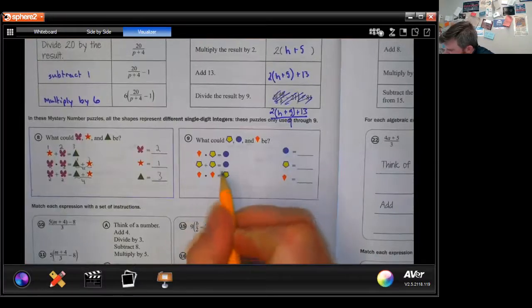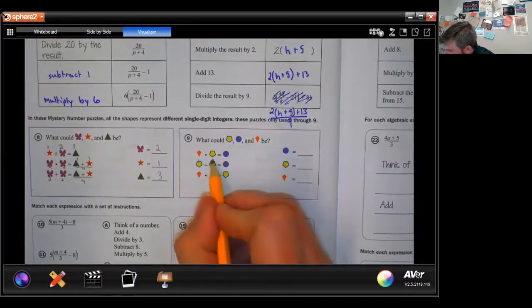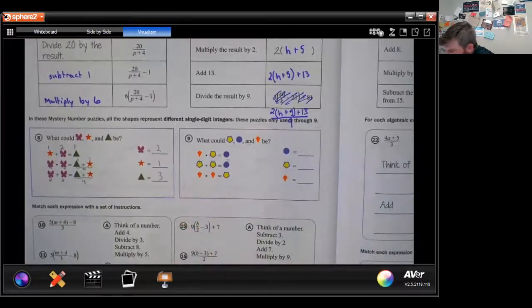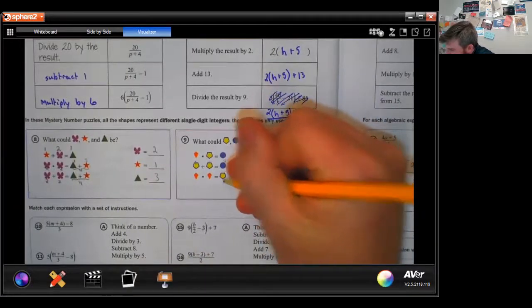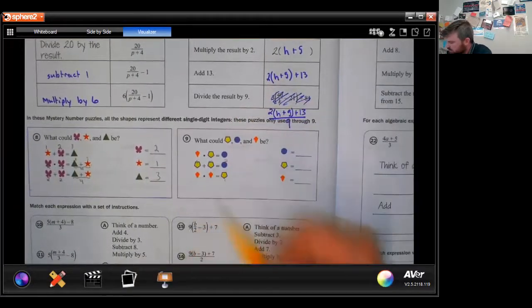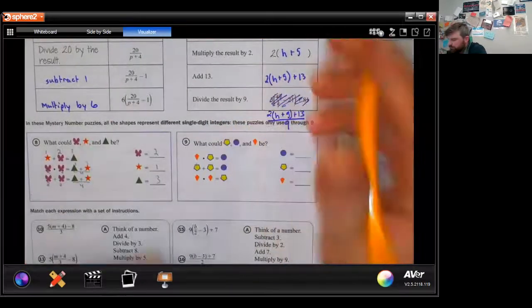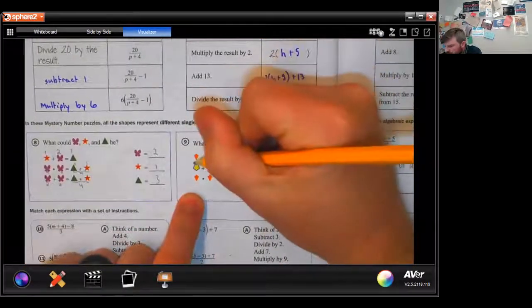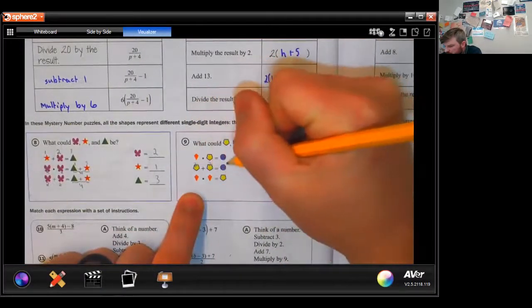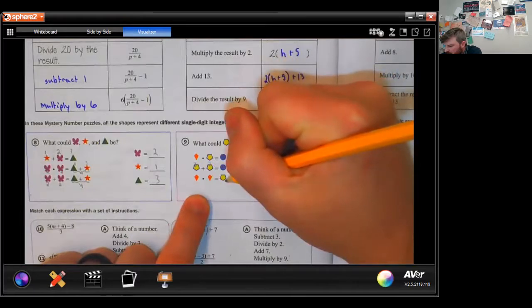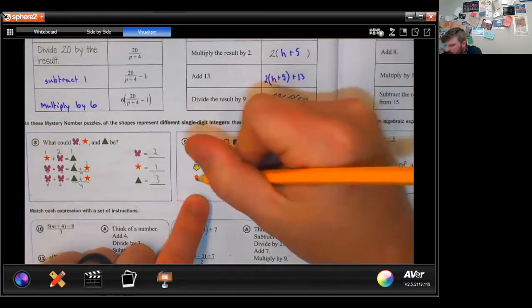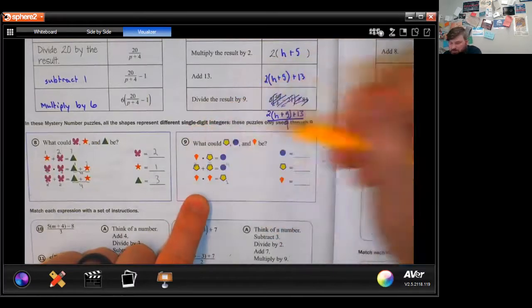Well, if I make this a 1, so 1 plus 1 is 2, then this would have to be a 1. And the only way to do that is if these are 1s, and they can't be the same number. So what if this is a 2? 2 plus 2 is 4. This would be 2. Well, then these would have to be different numbers.